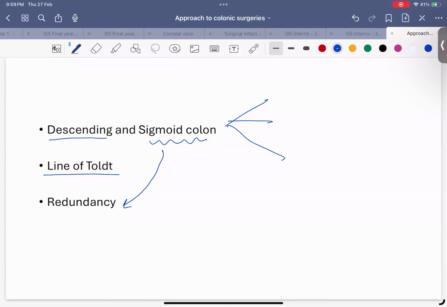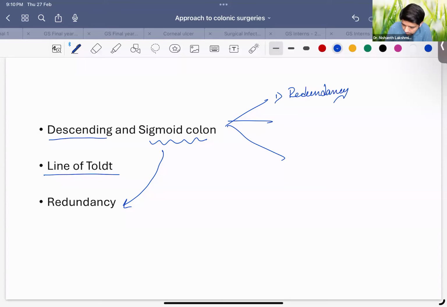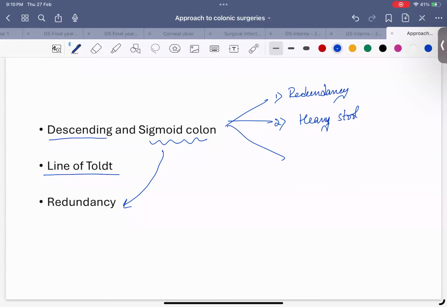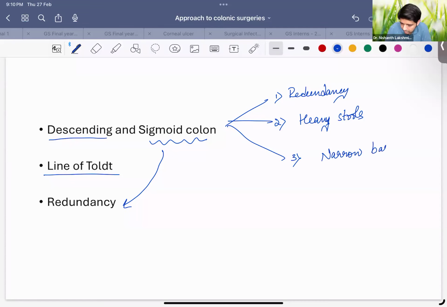Sir, one is redundancy, and one is high fiber diet. Not high fiber diet, heavy stools. Next, tell me the anatomical thing. Large mesentery, mesocolon. Not large, long.